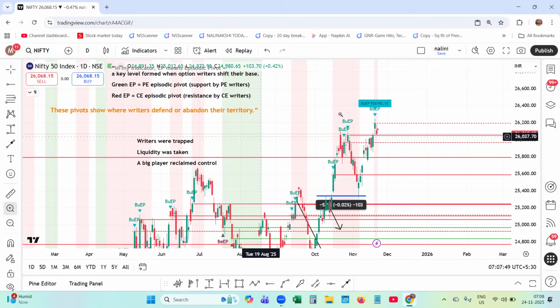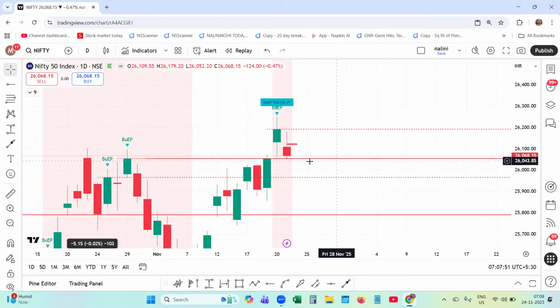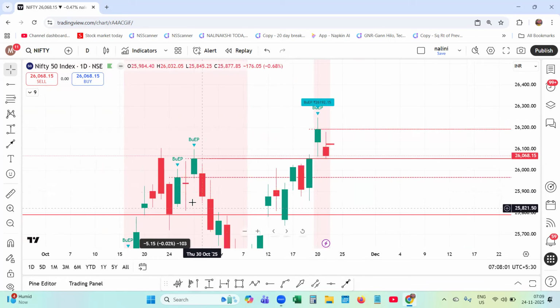Let me zoom it out. This is the new bullish episodic pivot formed, and the bottom of this line is the flip level. And you can see one more bullish episodic pivot. So this writer was eliminated, and then price moved to the next level.